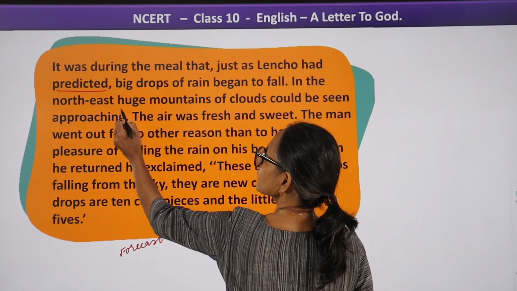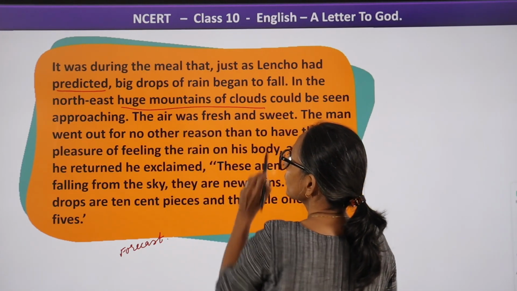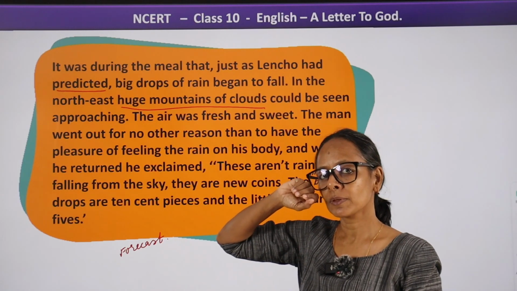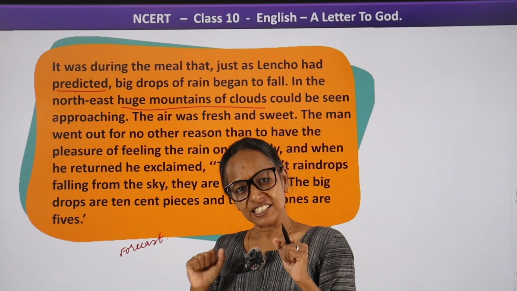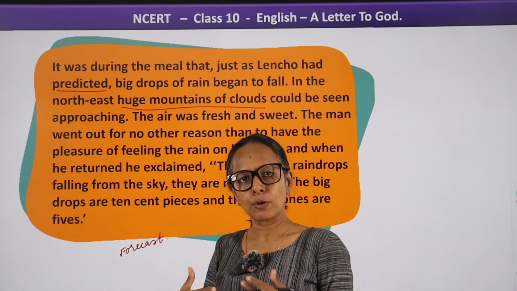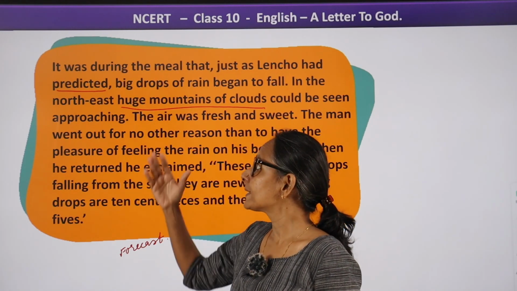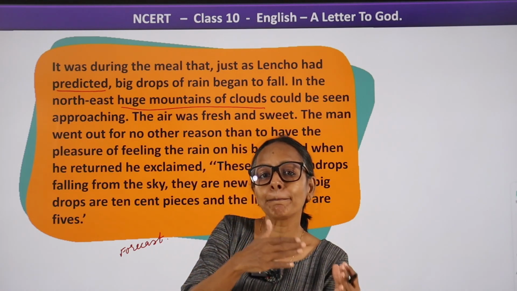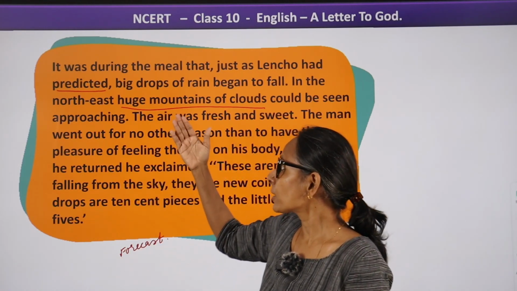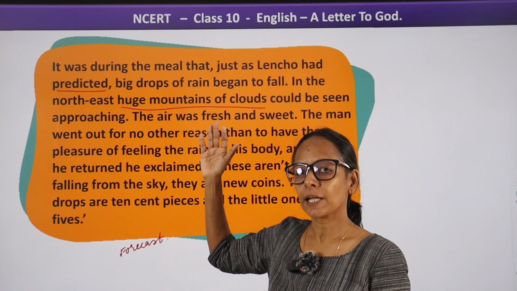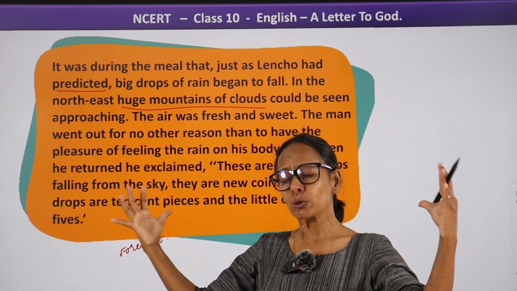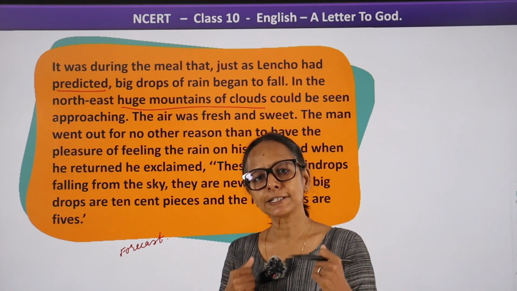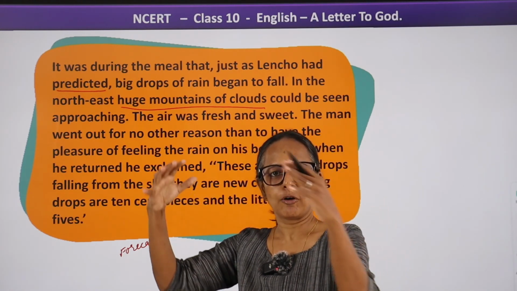Here we see that there is a mention of huge mountains of clouds. Does it literally mean that there are mountains of clouds? No. It is just a metaphor, meaning there's a play around comparing one to the other. What does this mountain of clouds mean? It means clouds huge in size like mountains. It doesn't really mean a mountain of cloud is coming.